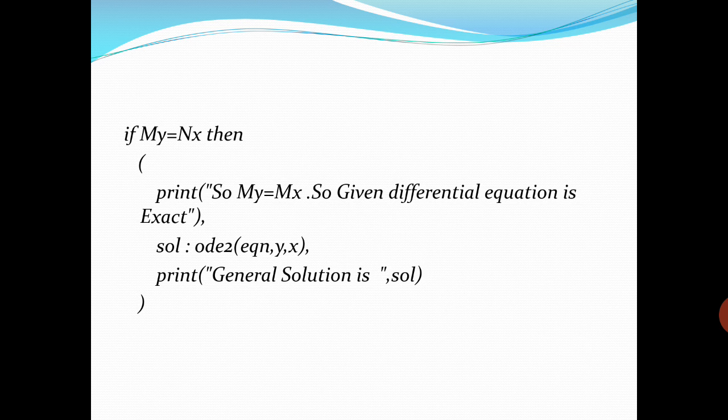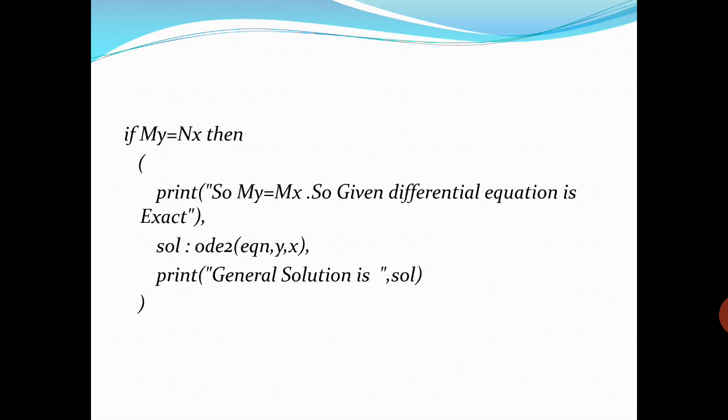Therefore, if My is equal to Nx, then open the bracket, print the given differential equation is exact. Look at print, open the bracket in double inverted commas, "My is equal to Nx, so given differential equation is exact". We have got My equal to Nx, therefore the given differential equation is exact.